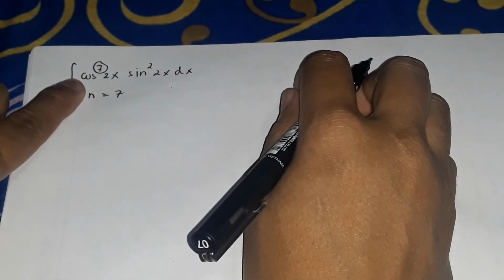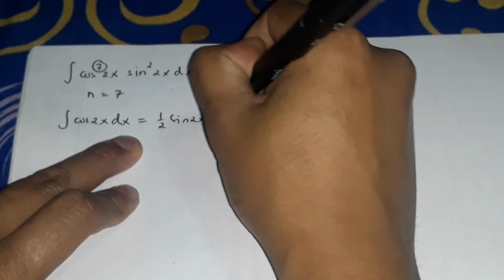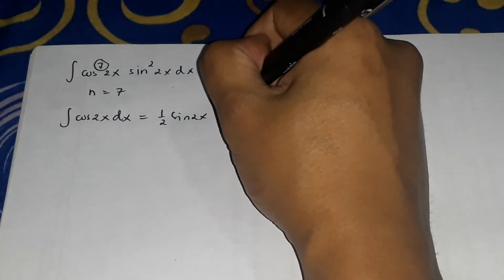Okay? So since n, 7, is the power of your cosine, and we know that the integral of cosine 2x dx is equal to 1/2 sine of 2x. Okay? Then plus c.